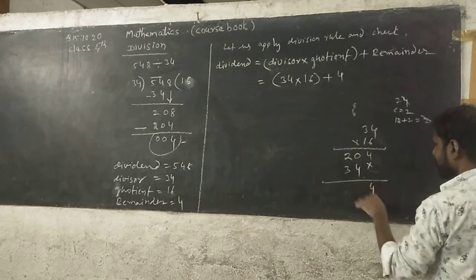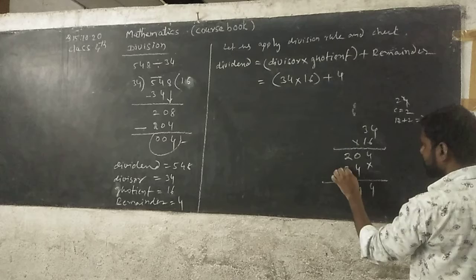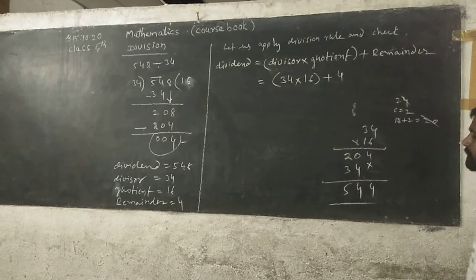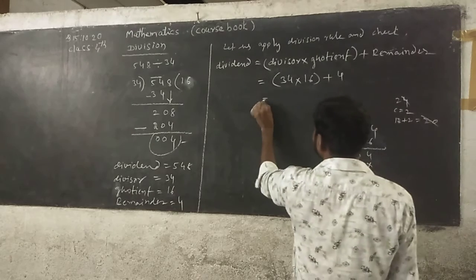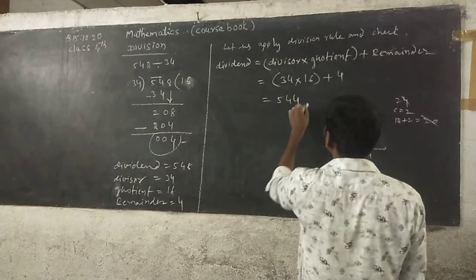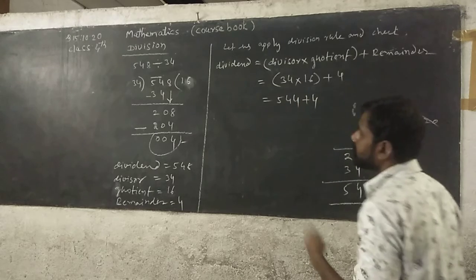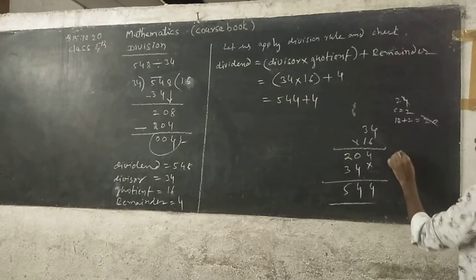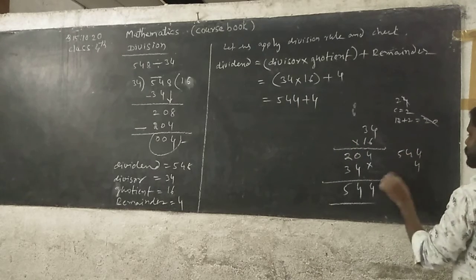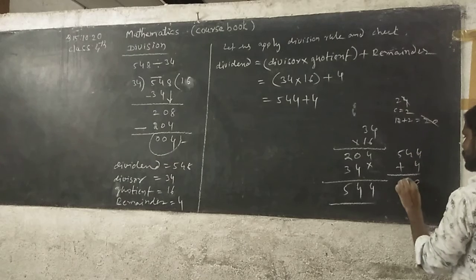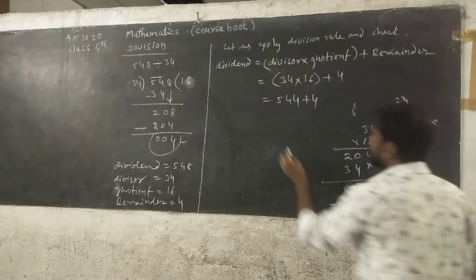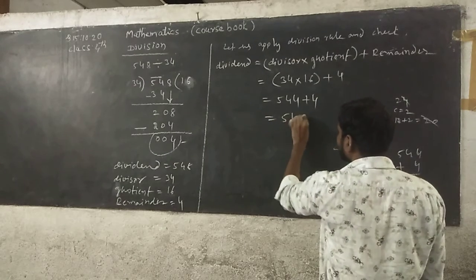See here, 4 0 plus 4, 4. 2 plus 3, 5. 544 plus 4, you get 548. 4 plus 4, 8. 4, 5. You get the dividend, that is 548.